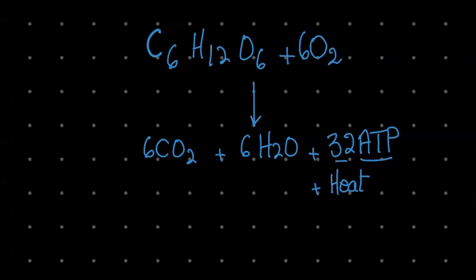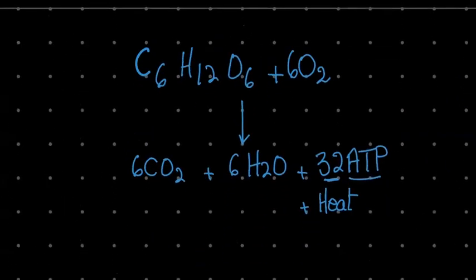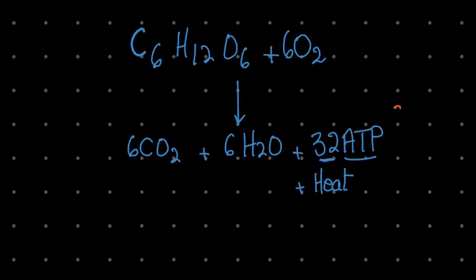So if you remember, we mentioned last time that one molecule of glucose is going to be yielding between 32 to 36, and in some cases 38 ATPs.